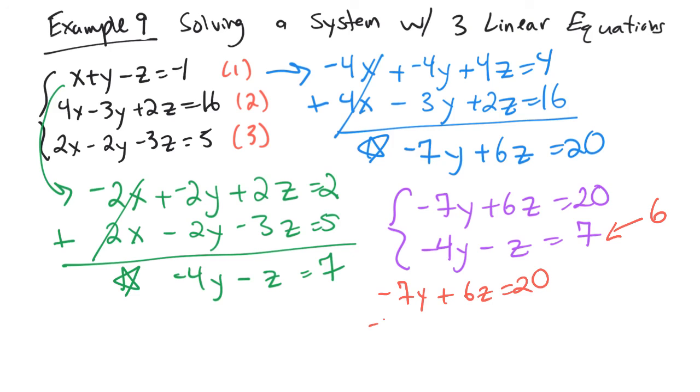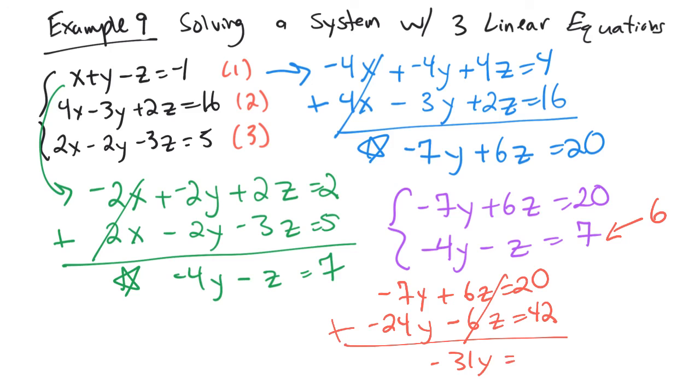So bring down our first equation. Our new second equation is now negative 24y minus 6z equals 42. Add these together, our z's cancel out. We're left with negative 31y equals 62, divided by negative 31, and y is negative 2.